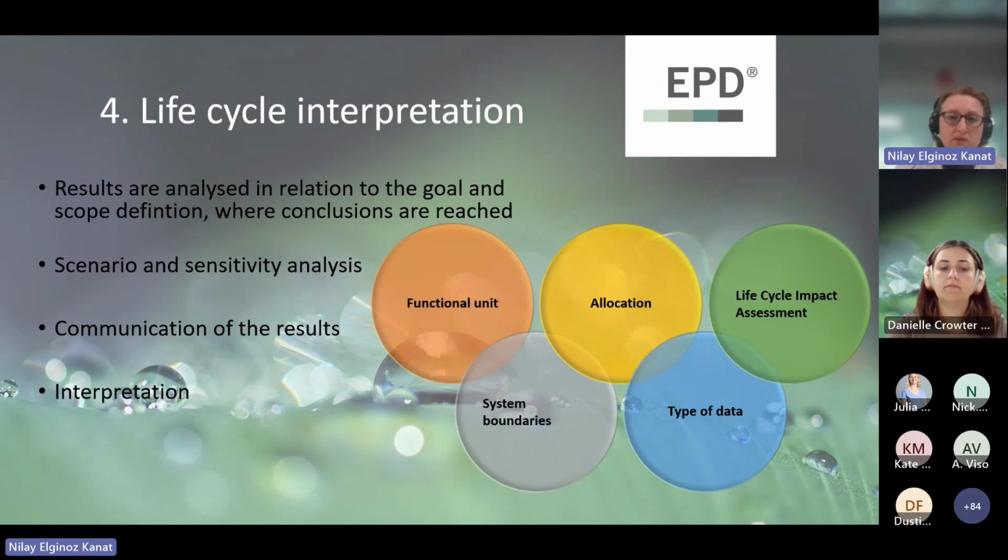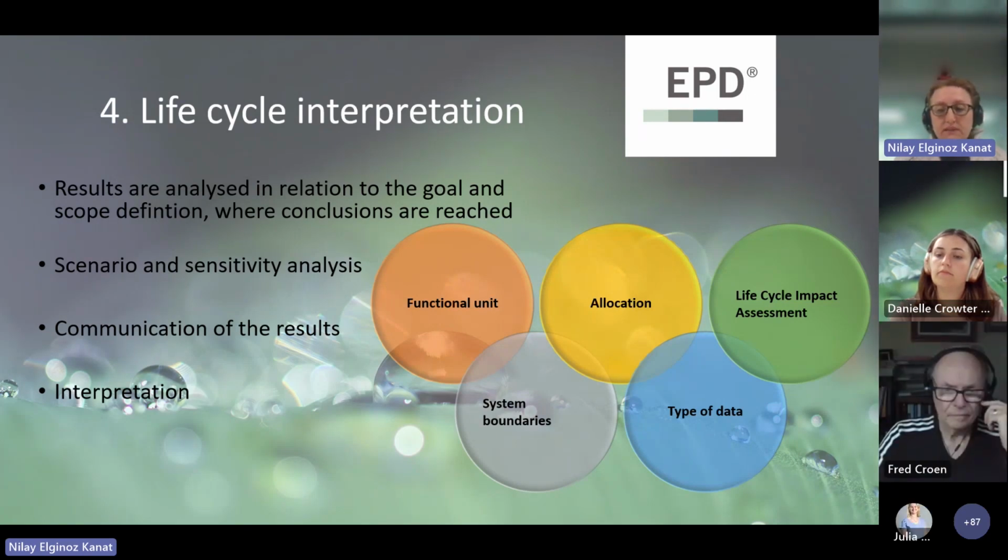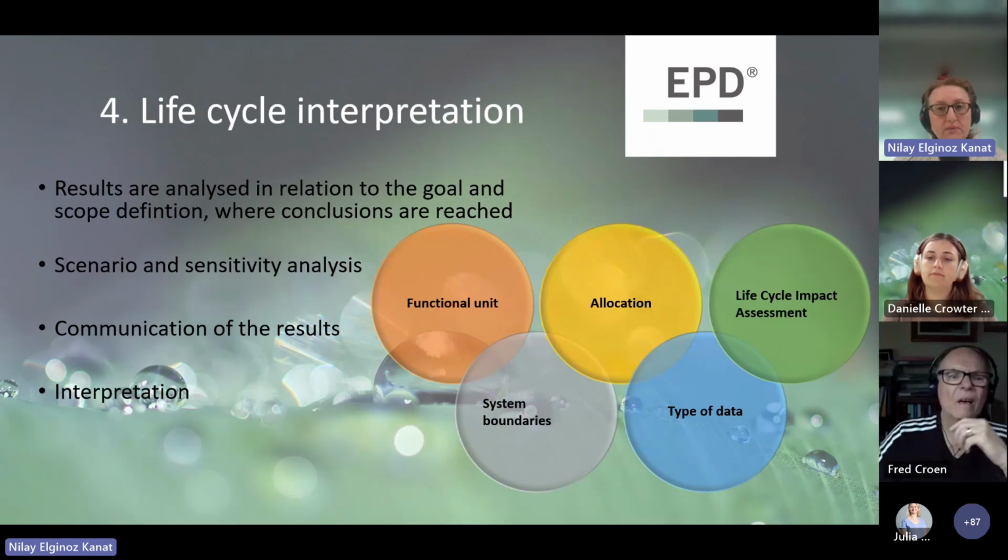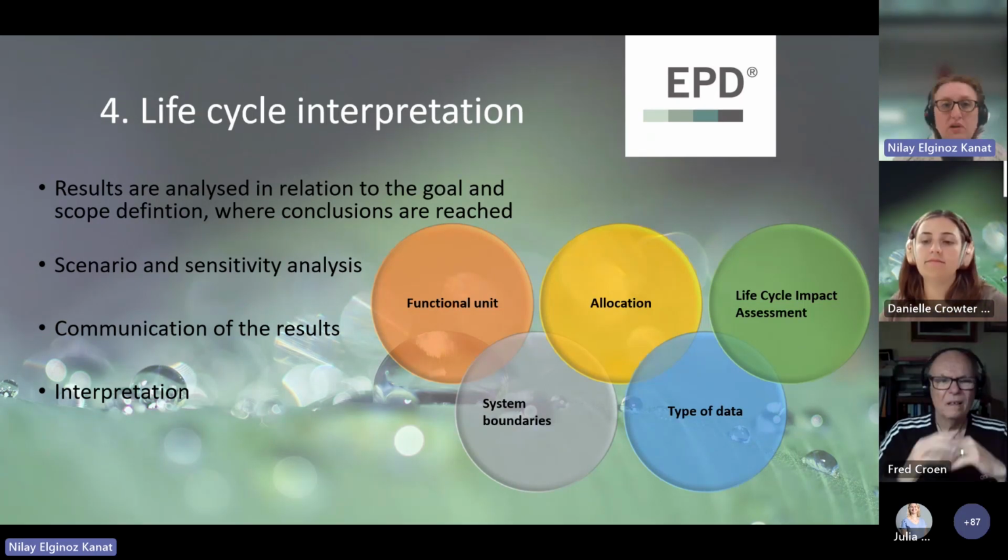And you have to define your system boundaries and what kind of data you have used, from which year, for example. And it would be good if you do scenario and sensitivity analysis. For example, I have this inventory, raw material X coming like 10 kilograms, but it might be also 9 kilograms maybe.